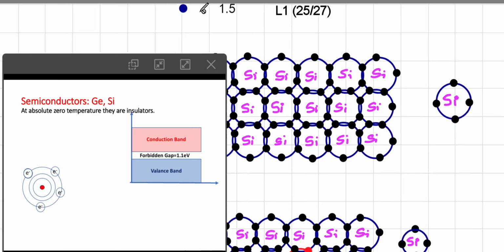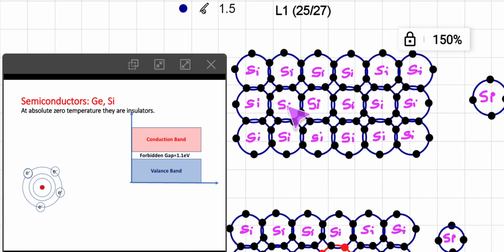So when you take a block of silicon material, you see that there are a large number of atoms in the material.